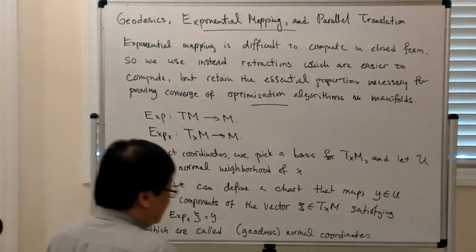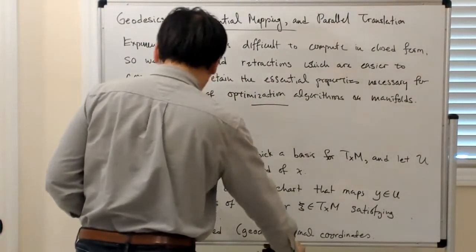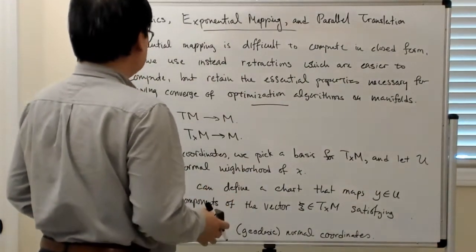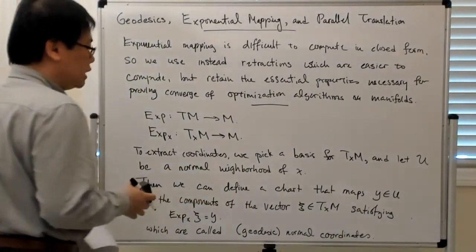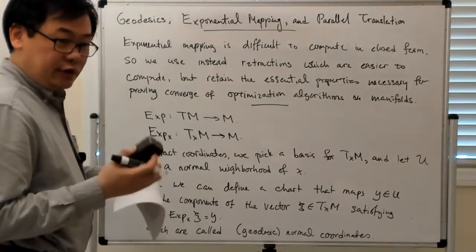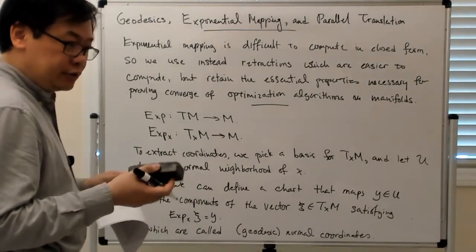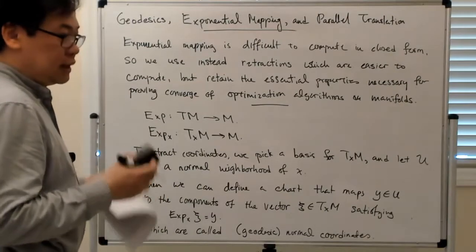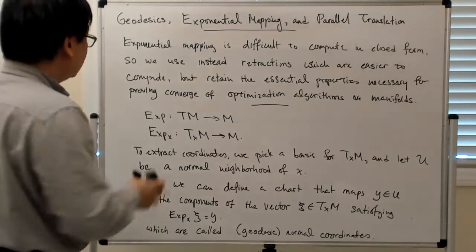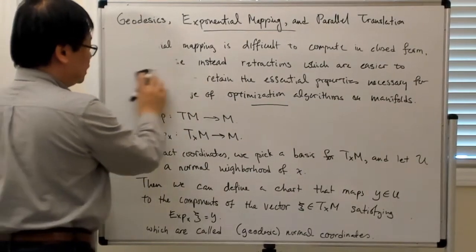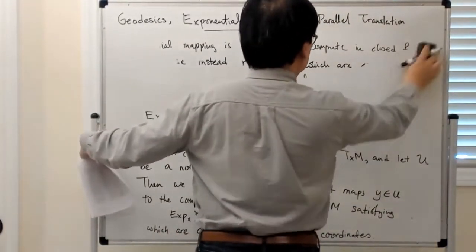Then the other remark ties in with this thing we had said, where straight lines can be characterized in two different ways. In R^n, one is that they are zero acceleration curves, and the other is that they are length minimizing curves. It turns out that these two things are related.